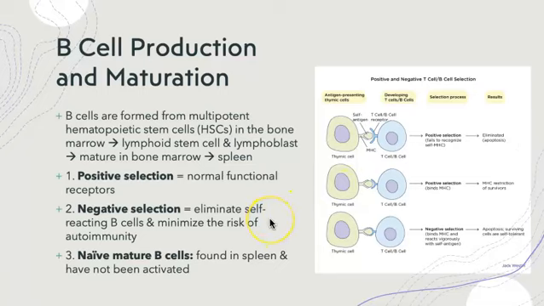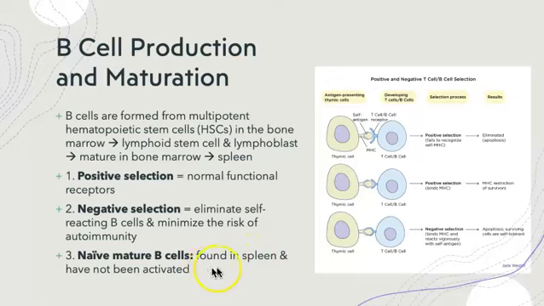Second thing is we are going to do negative selection, where we are going to eliminate self-reacting B cells. And this really helps to minimize our risk of autoimmune diseases. So once again, if they do react with our body cells, we are going to go through apoptosis.